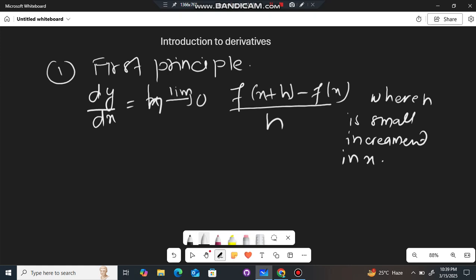So if the value of x is 3, then this is just a small increment, so this can be 3.1, 3.2, and we're trying to differentiate it with the use of first principle.